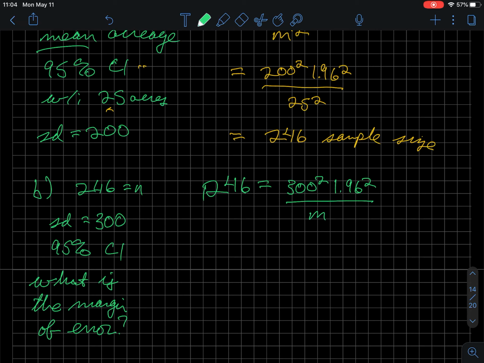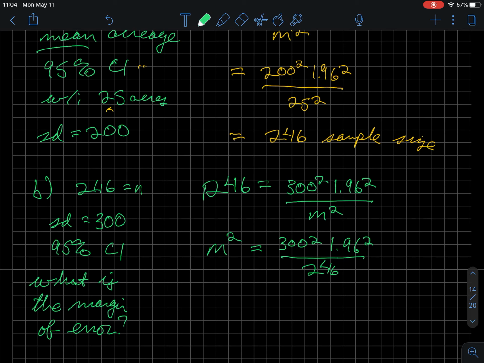And we're trying to find m squared right here. So basically we would say m squared is equal to 300 squared times 1.96 squared, over 246.